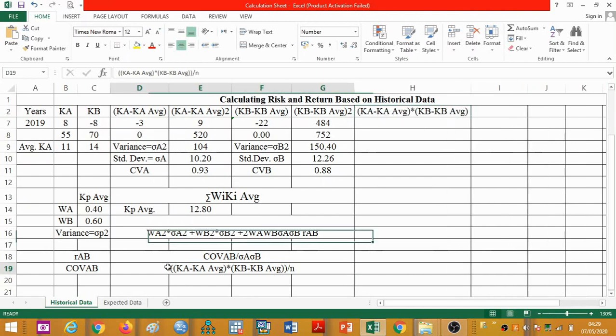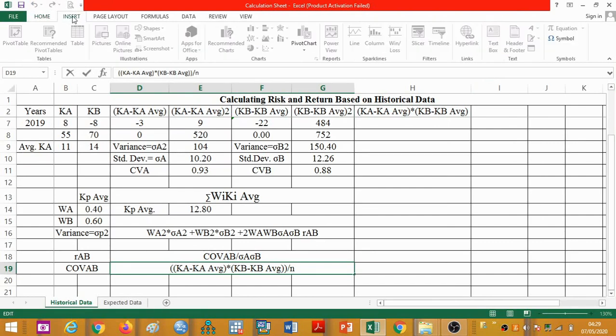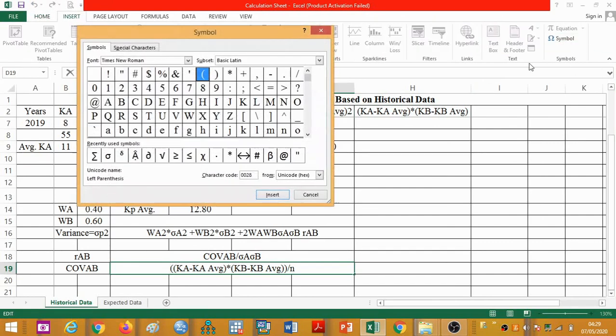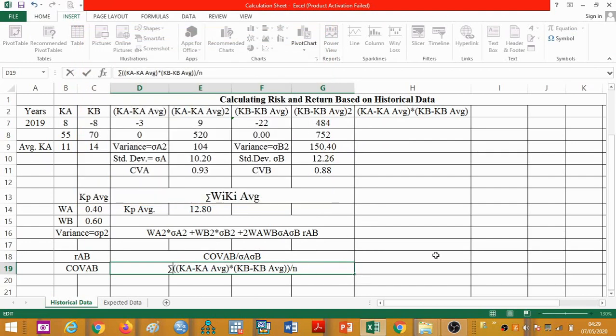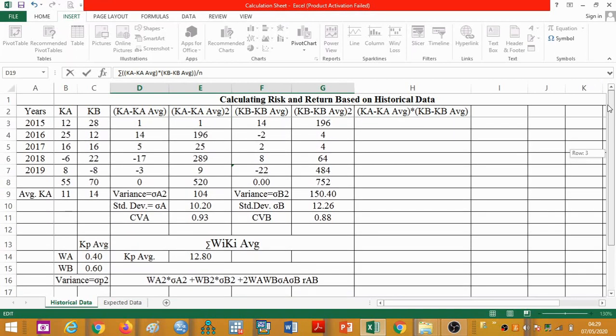And here we need the sum value. So from the symbols I'll put the sum. So first we need to calculate the sum, and then dividing that sum by the number of observation. So here it is so easy to do it. I'll reduce the size so that it is visible.